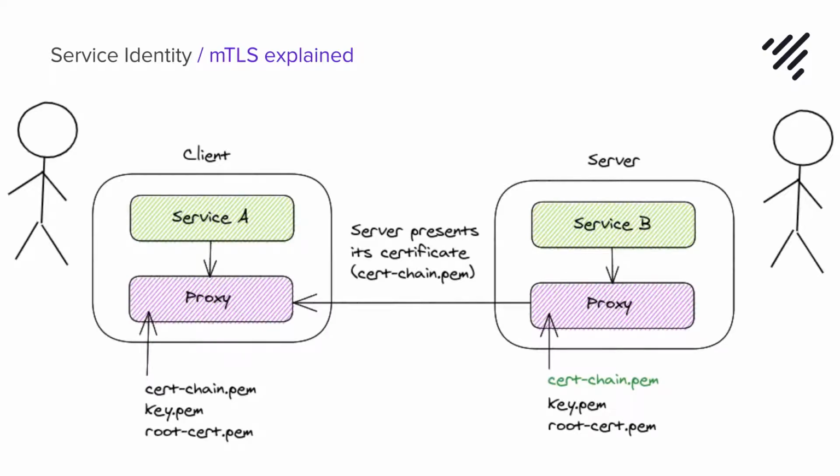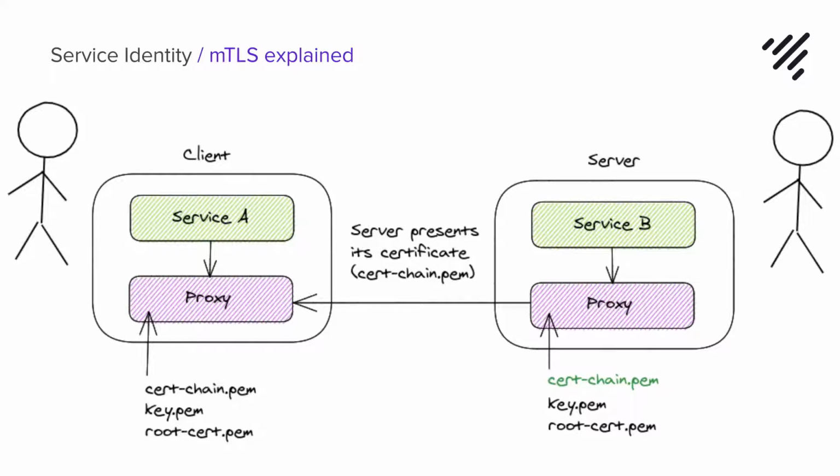So if we think about what a network flow would look like, when these services boot up, they will request these crypto bundles from the control plane of the mesh they're running in.